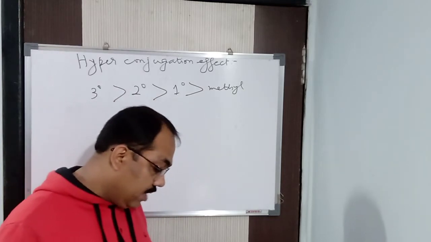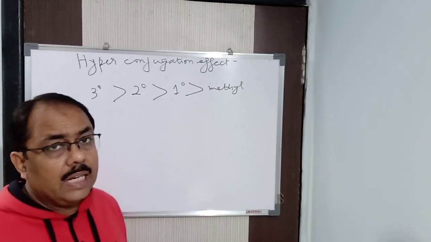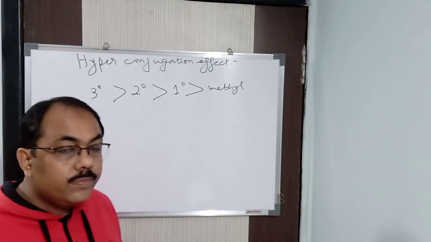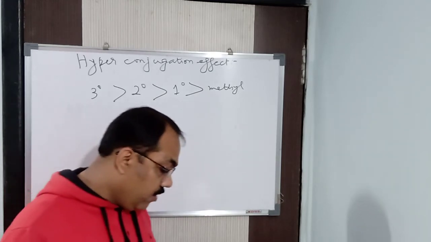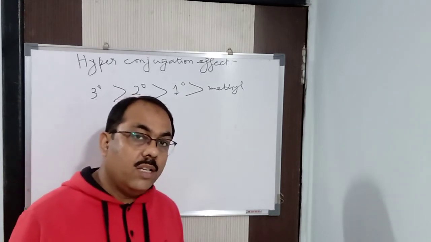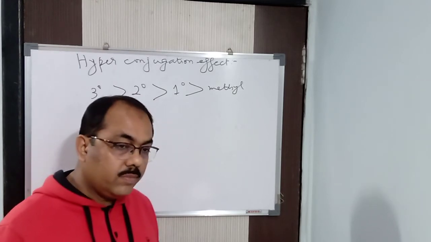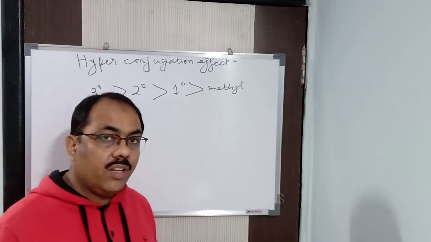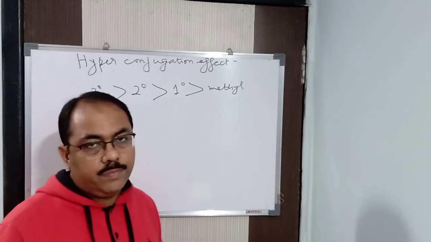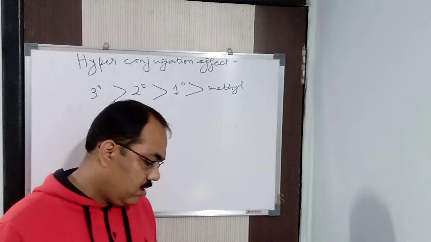However, when an alkyl group is attached to an unsaturated system, such as a double bond or a benzene ring, the order of inductive effect is actually reversed.